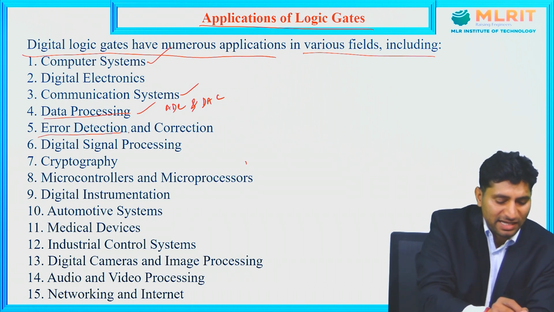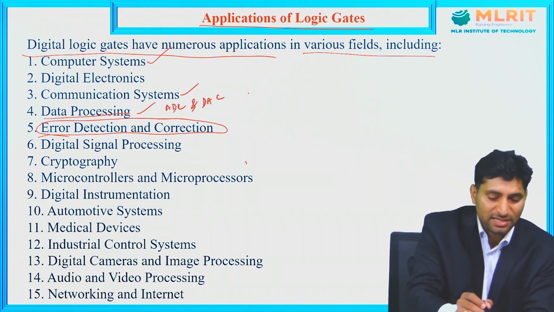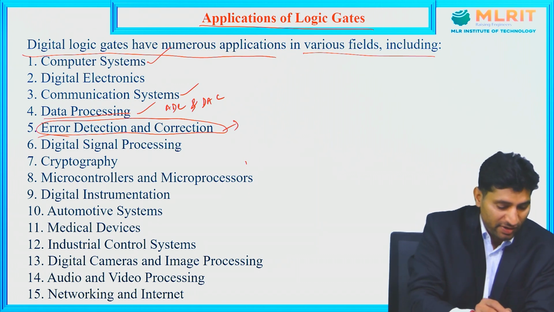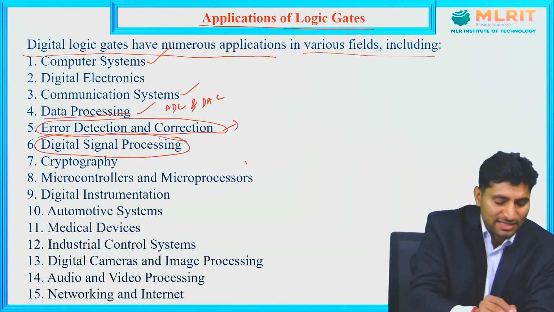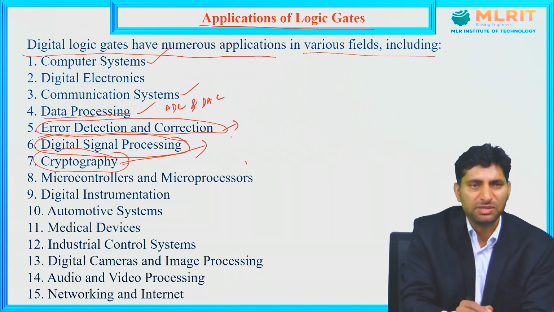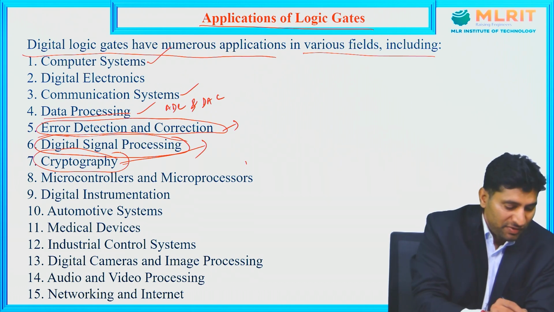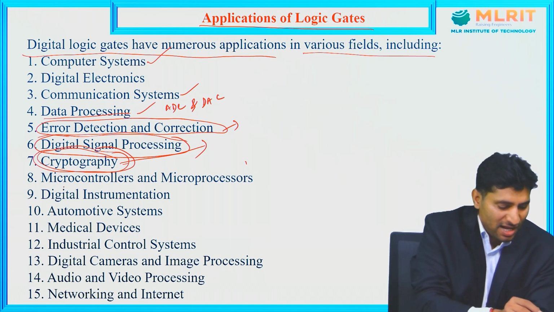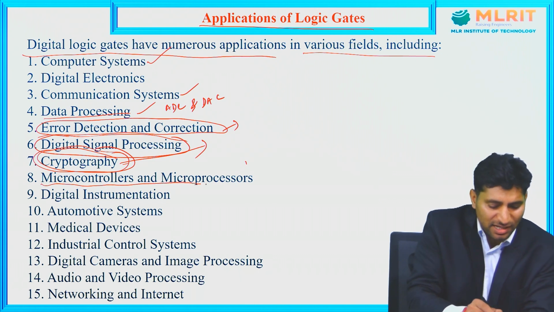Like error detection and correction codes, I'll use logic gates for parity checking. And also in digital signal processing, I can use them. Also in cryptography for the encryption decryption process, I'll use encoder decoder circuits which are designed with the help of logic gates. Also used in microprocessors and microcontrollers.